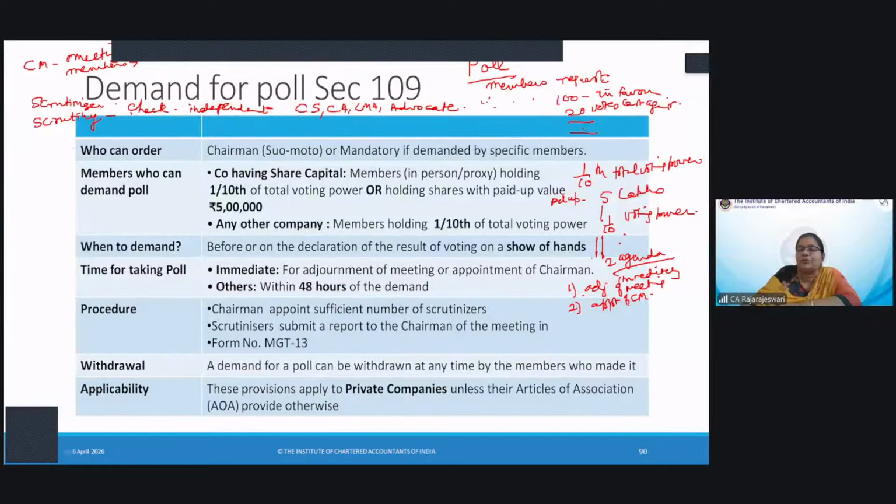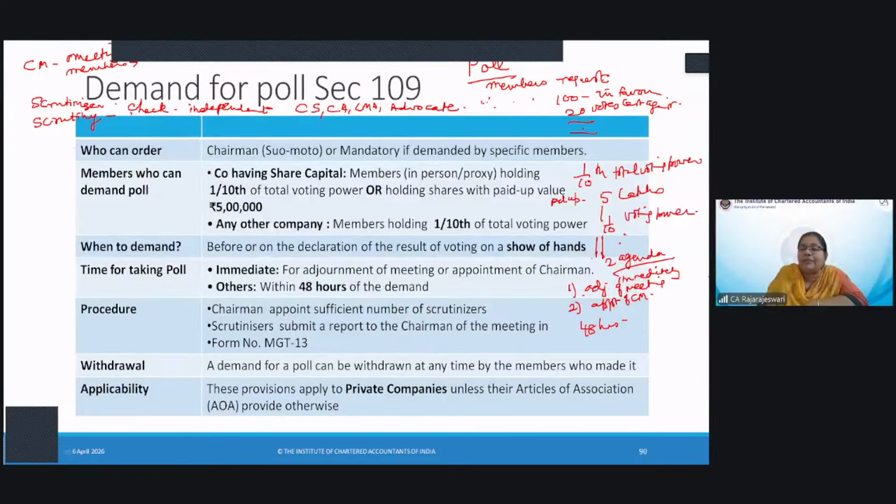Then in those two cases, immediately a poll should be taken. In other cases, you can wait, and within 48 hours of the demand, you can take a poll. That is possible.